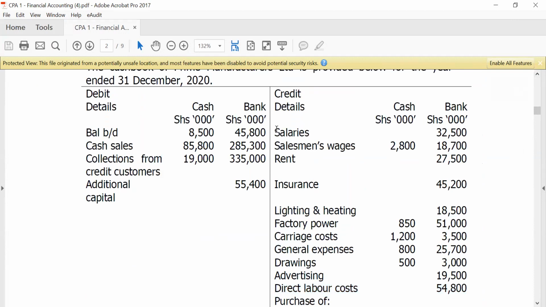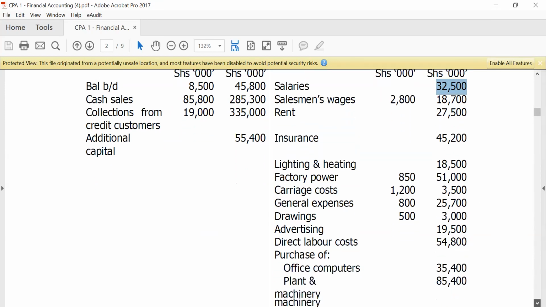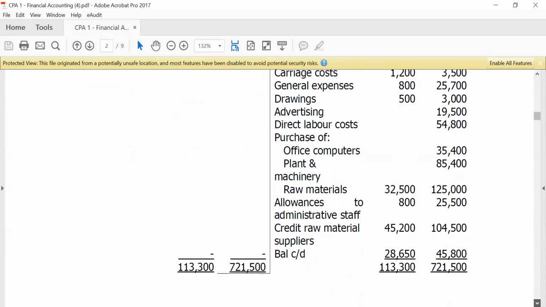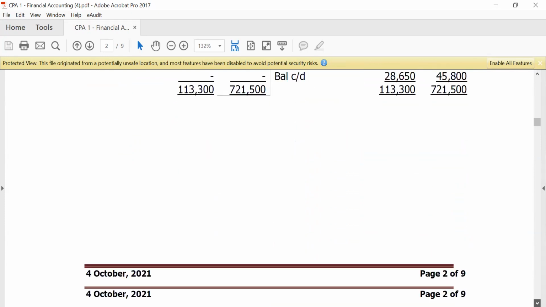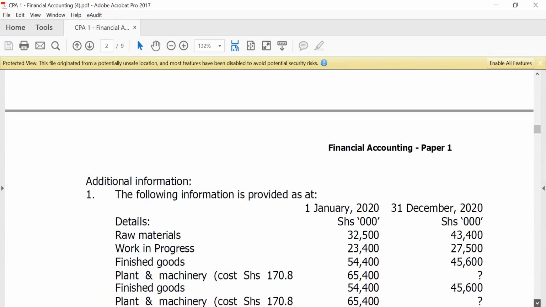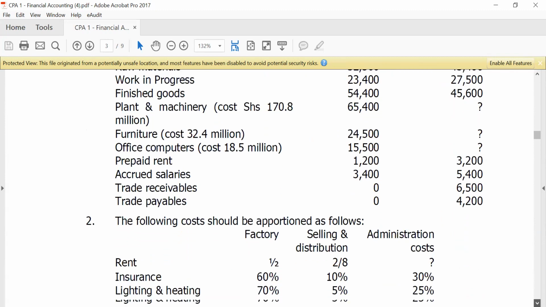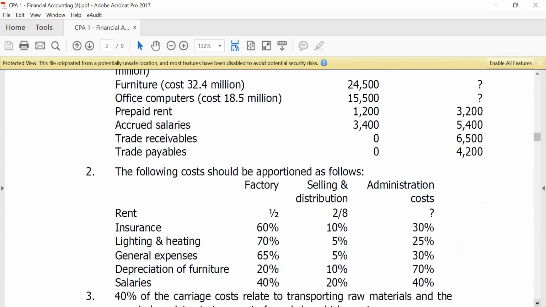As we can see, we have salaries, and they are telling us that it started at 500. Remember, they have told us that there's a percentage that relates to the factory. Here, 40% relates to the factory.